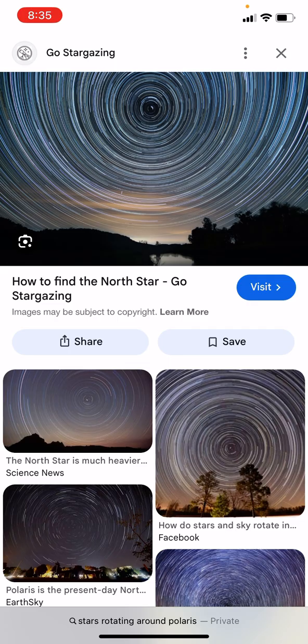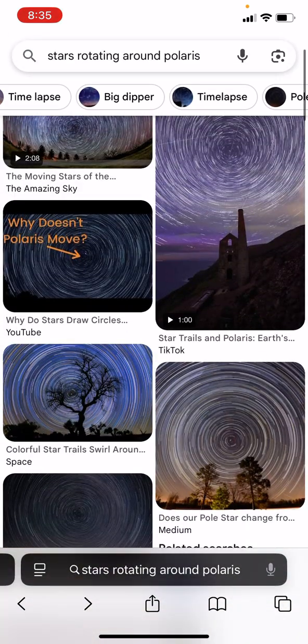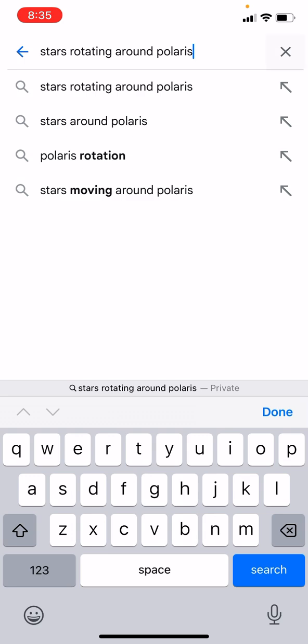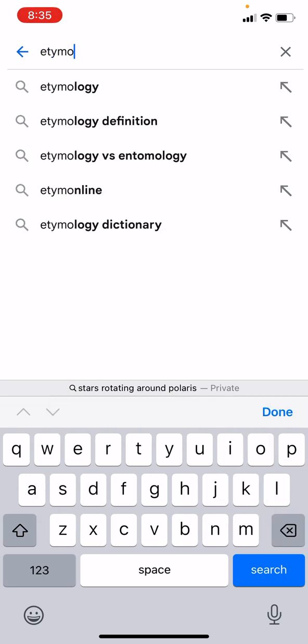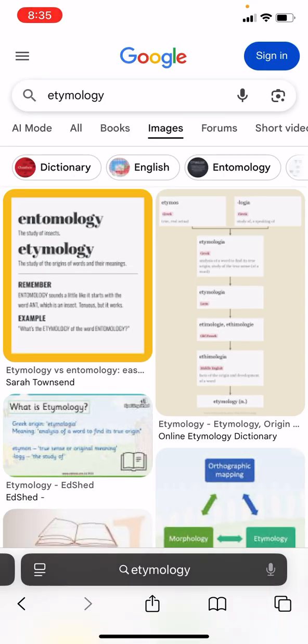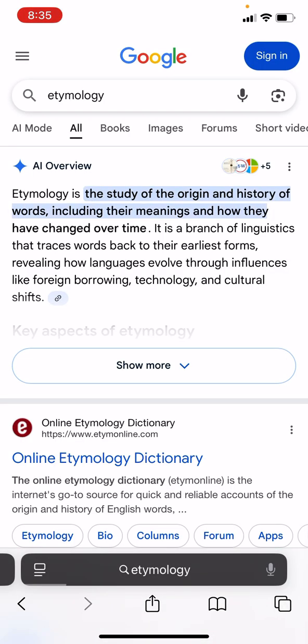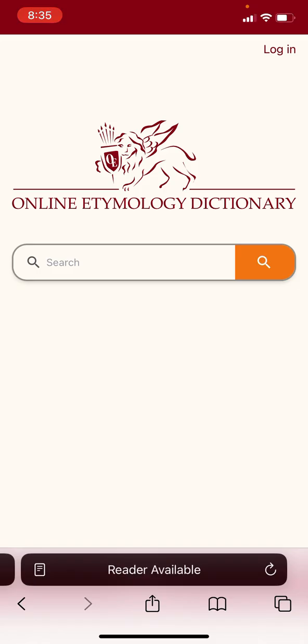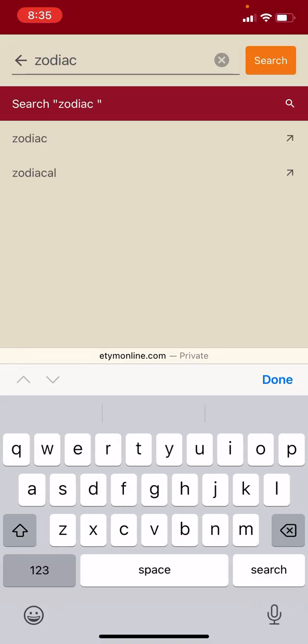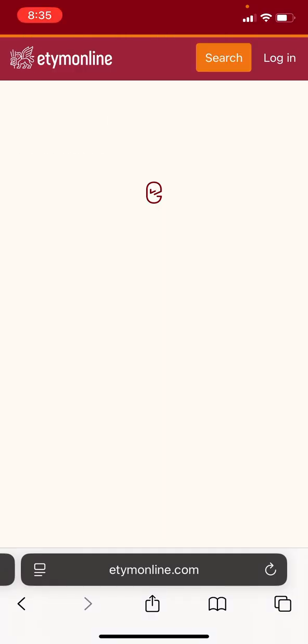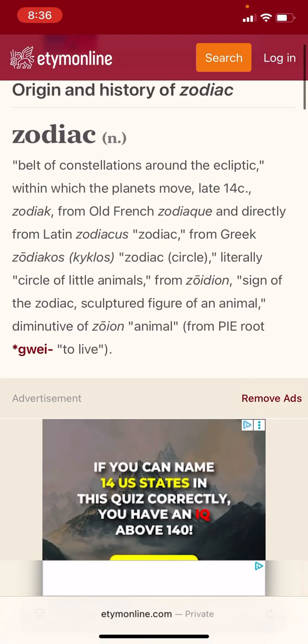So let's just look up the word zodiac in etymology. Now look at this, right?